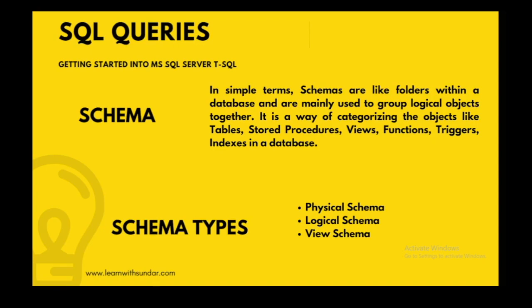Since we group the objects, it is easy to maintain the database. The ownership of a schema is transferable, and hence database objects can move among schemas. A schema can be shared among multiple users. That is, not only one user can access a schema, multiple users can access a single schema.